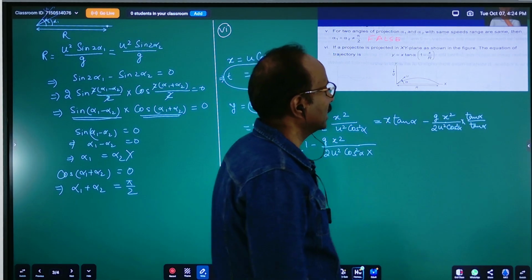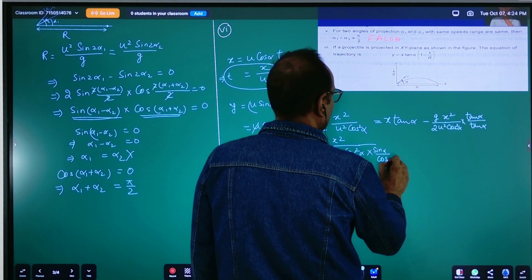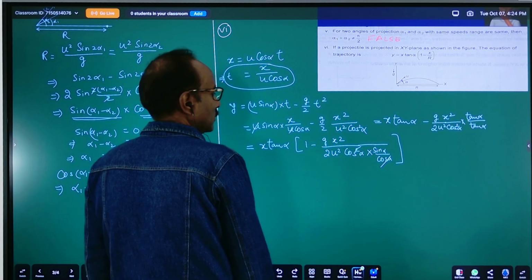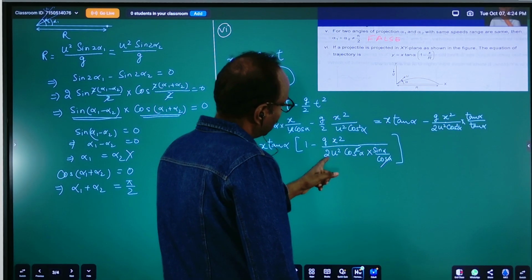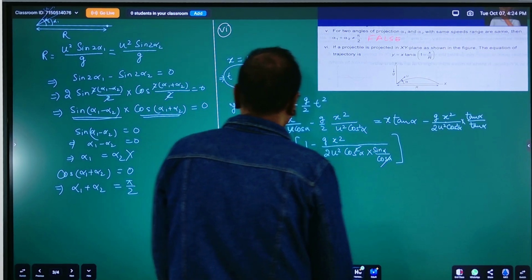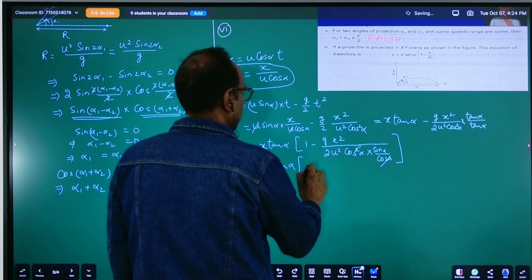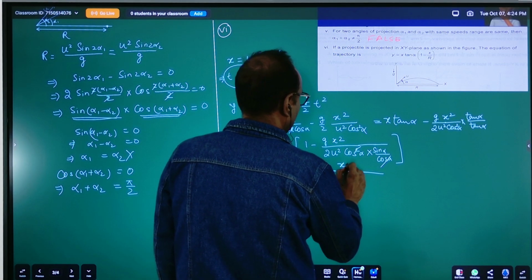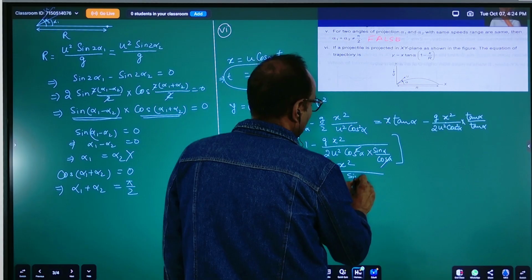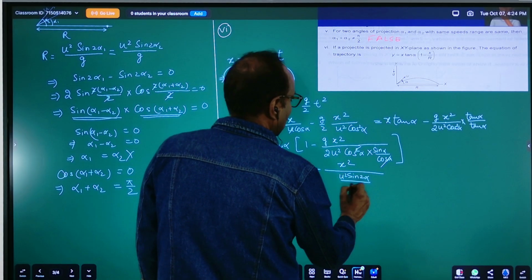And tan alpha we can replace with sin alpha by cos alpha. So now in the denominator u square into 2 cos alpha into sin alpha is left over. Cos alpha into sin alpha we can replace with sin 2 alpha, u square, and g we will bring down.